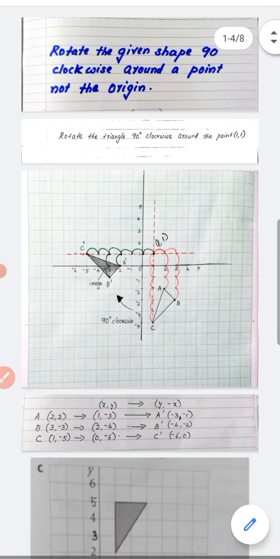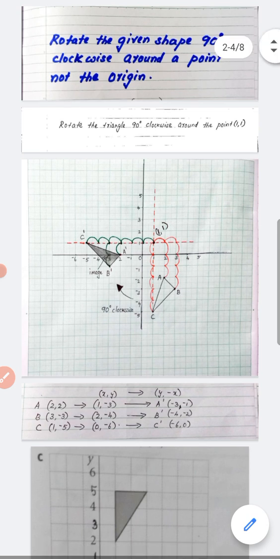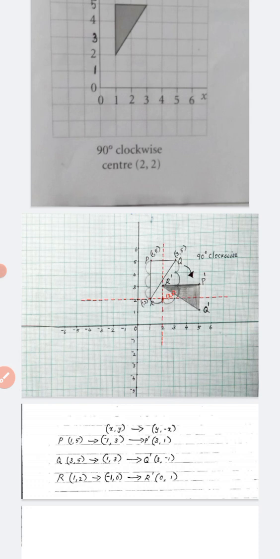So children, here we are rotating the given shape 90 degrees clockwise around a point, not the origin. Here the center of rotation is given. So children, first we have to take the center of rotation as our new origin. Imagine the center of rotation as our origin, and make a new x-axis and y-axis through it.